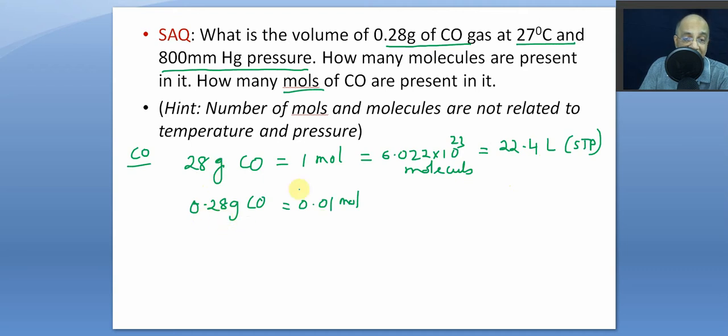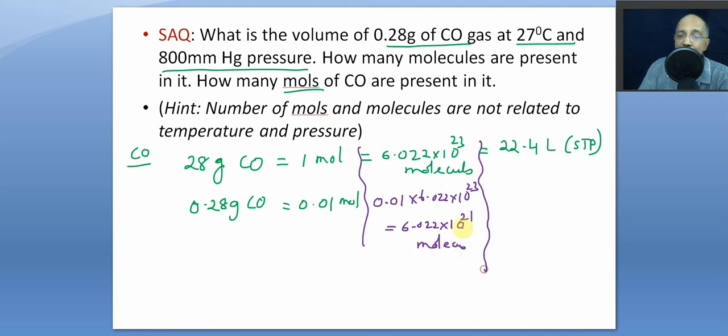This is 100 times less, so this will be 100 times less. So then we can, instead of finding from mass, we can multiply, okay, same thing, whether this earlier or that earlier doesn't matter. 0.01 into 6.022 into 10 to the power 23, that gives you 6.022 into 10 to the power 21 molecules.